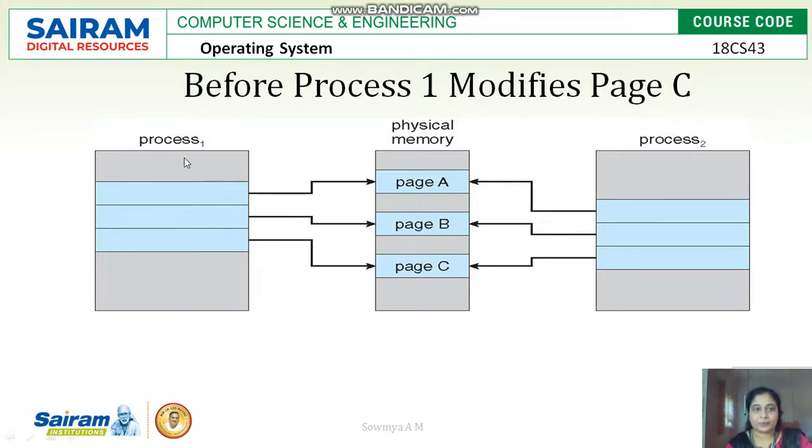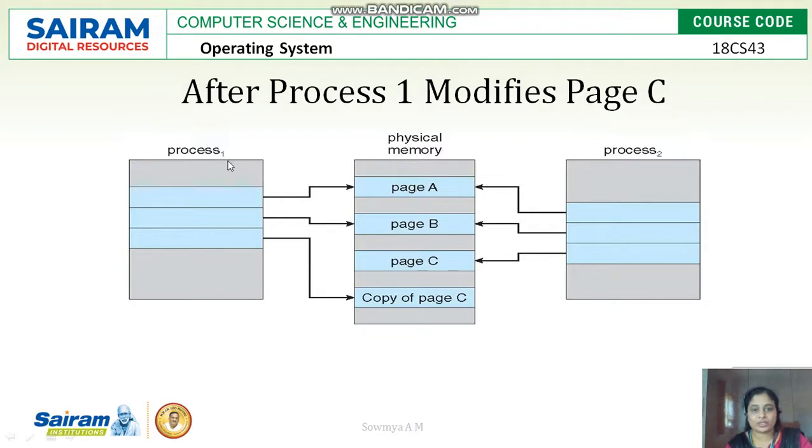Before process 1 modifies page C, it looks like this. There is a virtual view of process 1 and a virtual view of process 2, both accessing main memory, and pages A, B, C are shared by both processes. If process 1 needs to modify the data in page C, then the copy on write method will make a copy of page C into one more free frame and allocate it back to process 1.